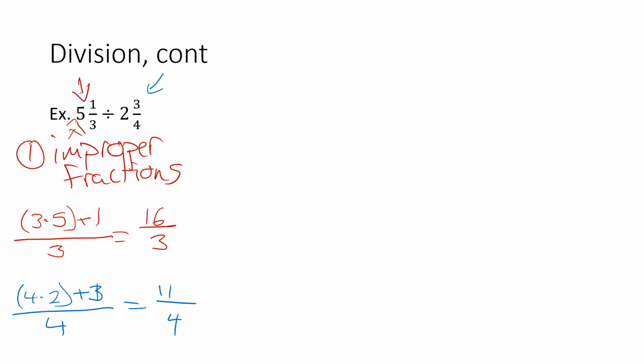Okay, now that we have our two mixed numbers converted to improper fractions, let's set them in our problem and go from there. So 5 1/3 we converted to 16/3. And then we're going to divide that by, don't flip anything yet until you have your problem set up with your converted fractions, 11/4.